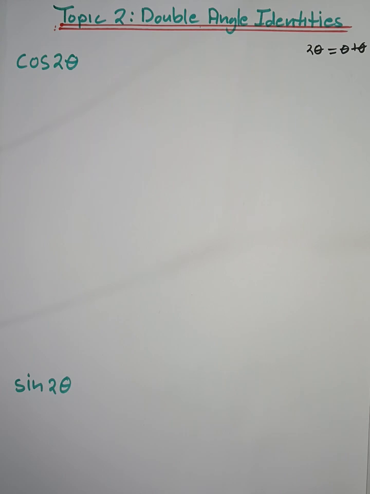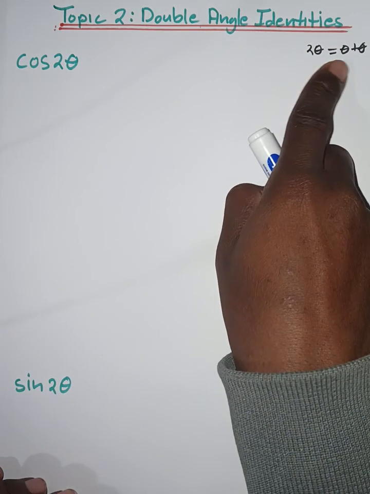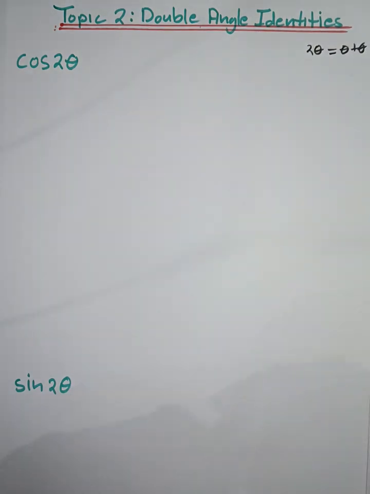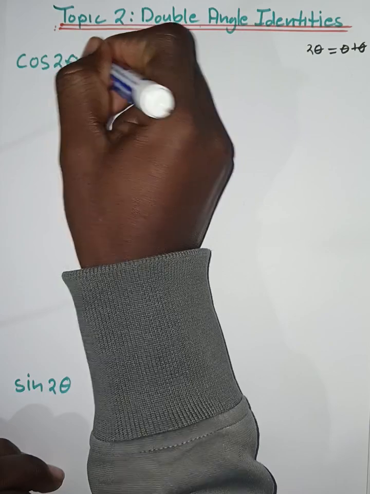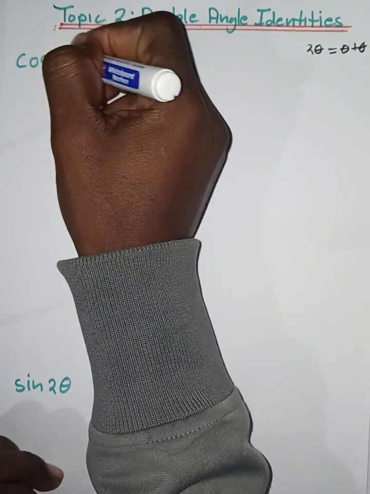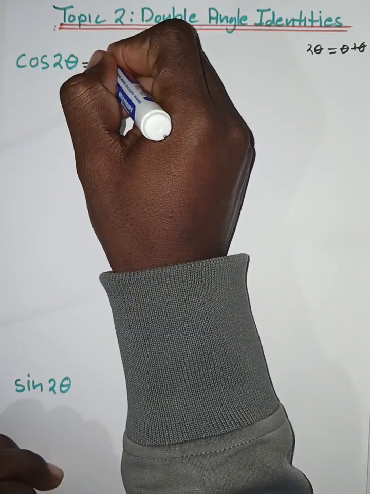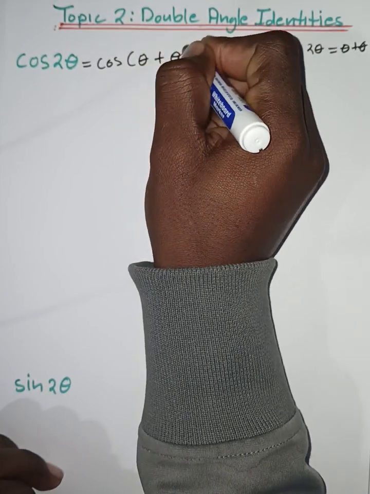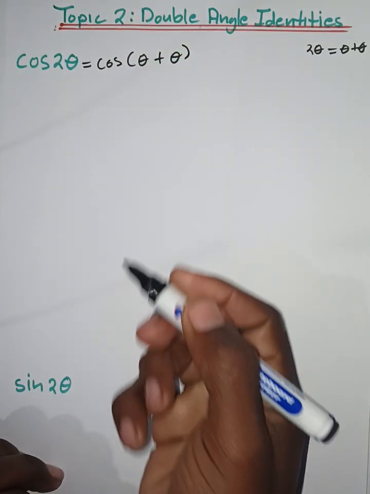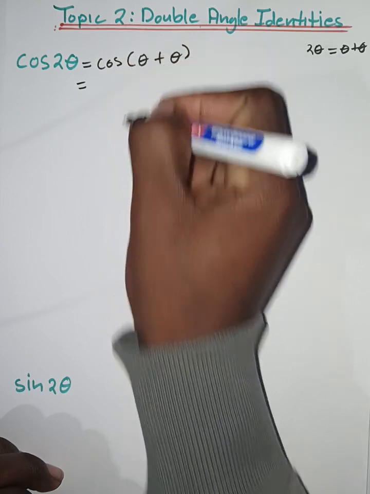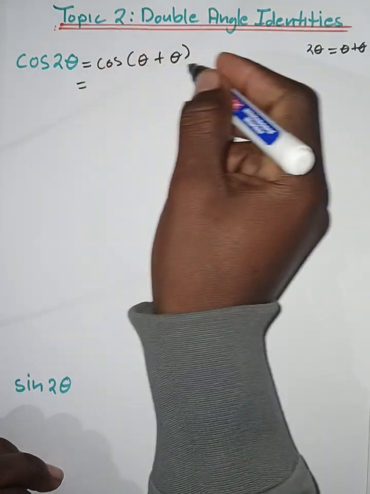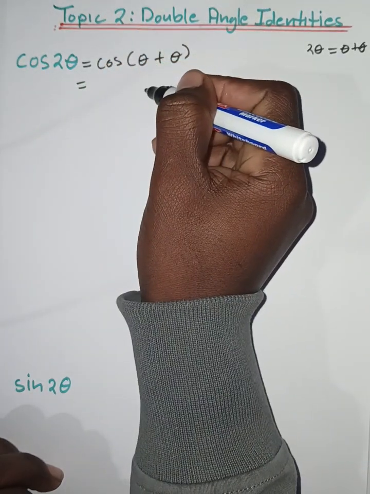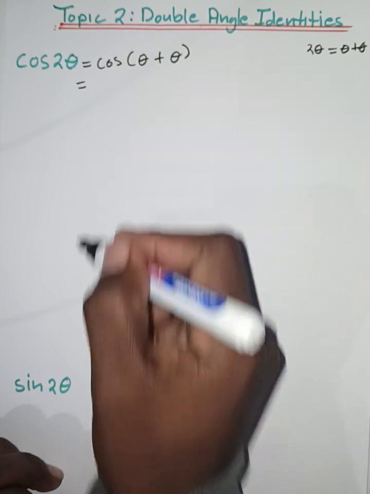So we are going to rewrite that 2 theta as theta plus theta. So this will become cos of theta plus another theta. Now you can already notice from this point that this is actually a compound angle identity for cos. Now, what does it say?